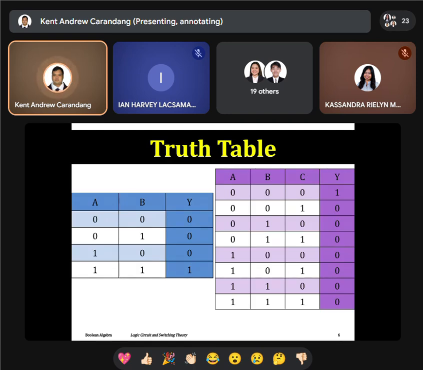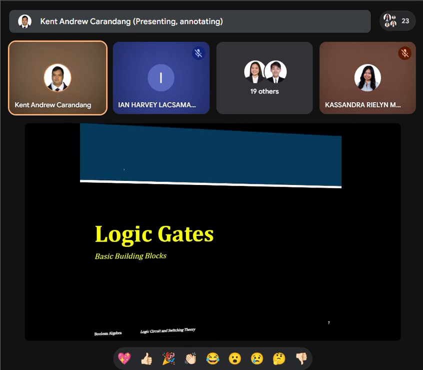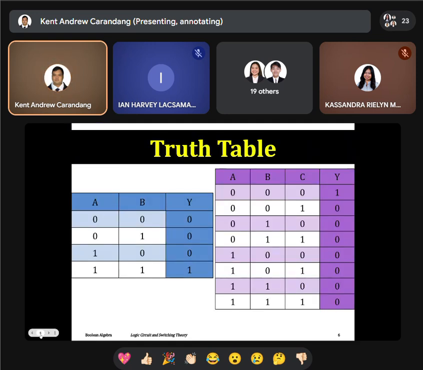This table shows 4-bit logic. We have four rows for the values if we have two inputs, A and B.